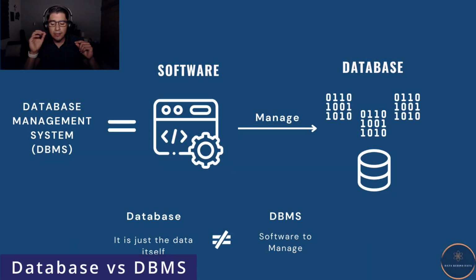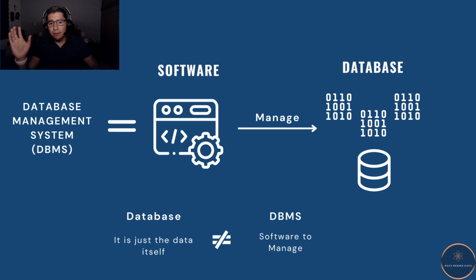And now we know where we can store our data in databases, but how can we communicate with this data? For that, it's important to understand the difference between a database itself and the system that is used to communicate with that database. Basically, the database is just the data itself.